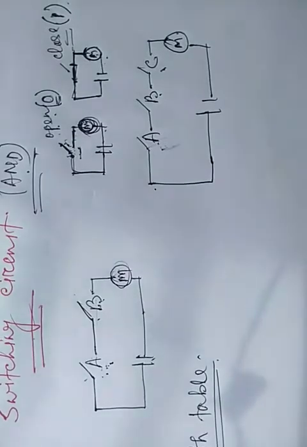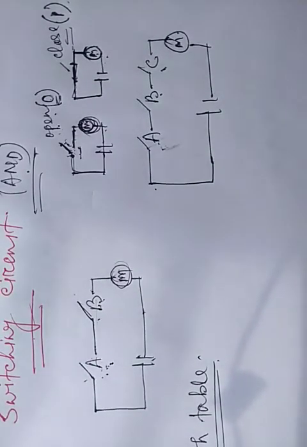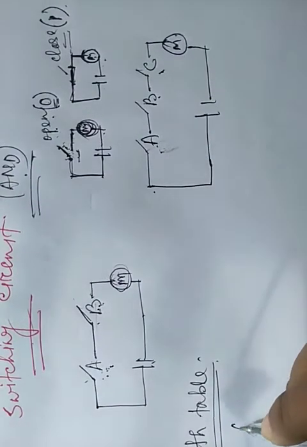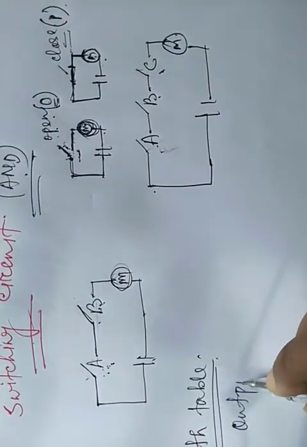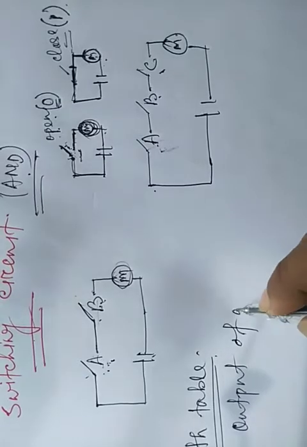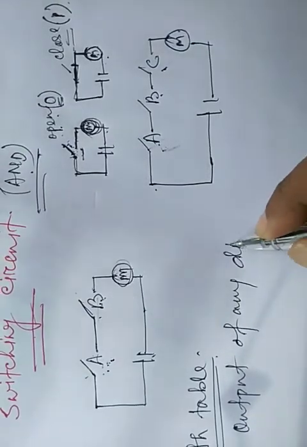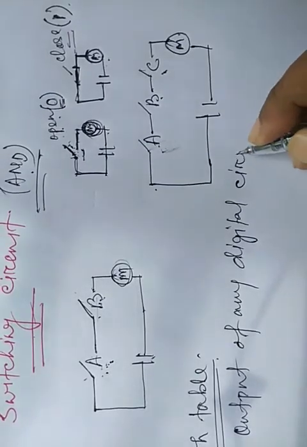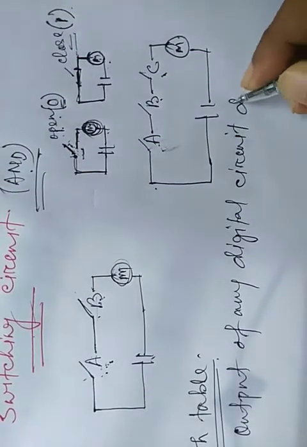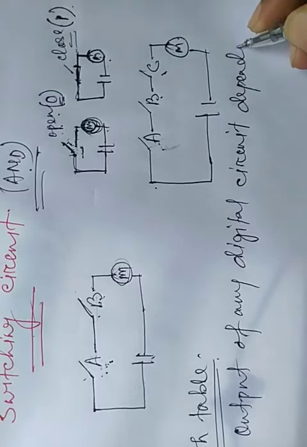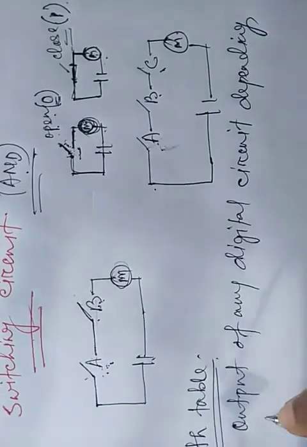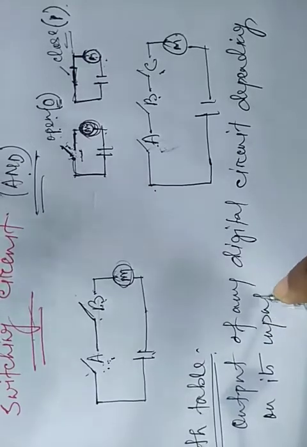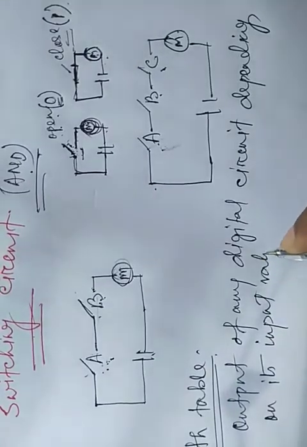Truth table. What is a truth table? We know that a truth table is the output of any digital circuit depending on its input values.